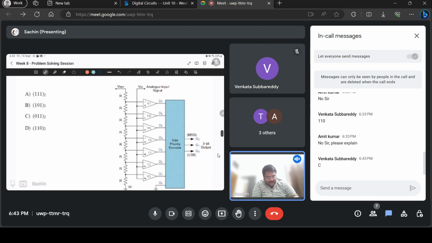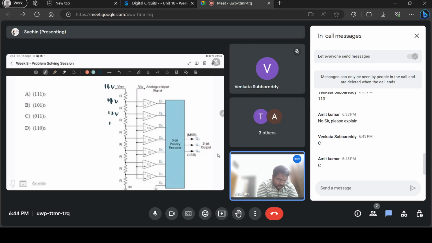It's the same method that I explained earlier. This is at 16 volts, so this will be 14, 12, 10, 8, 6, 4, 2.